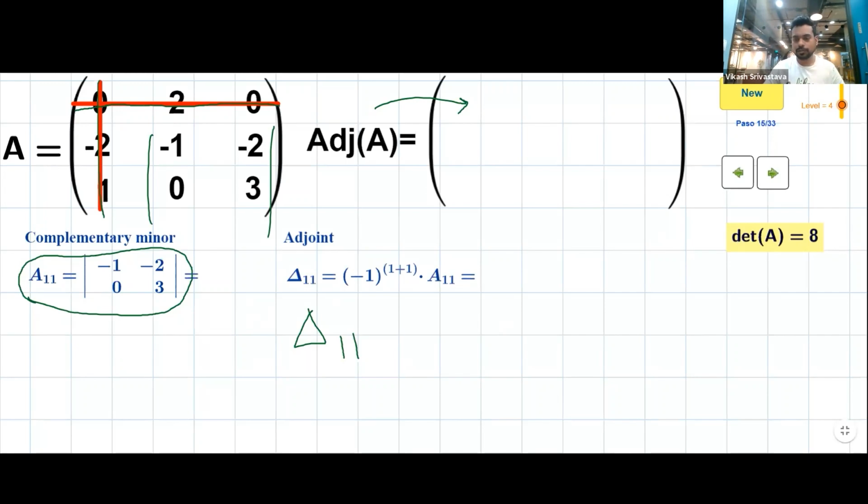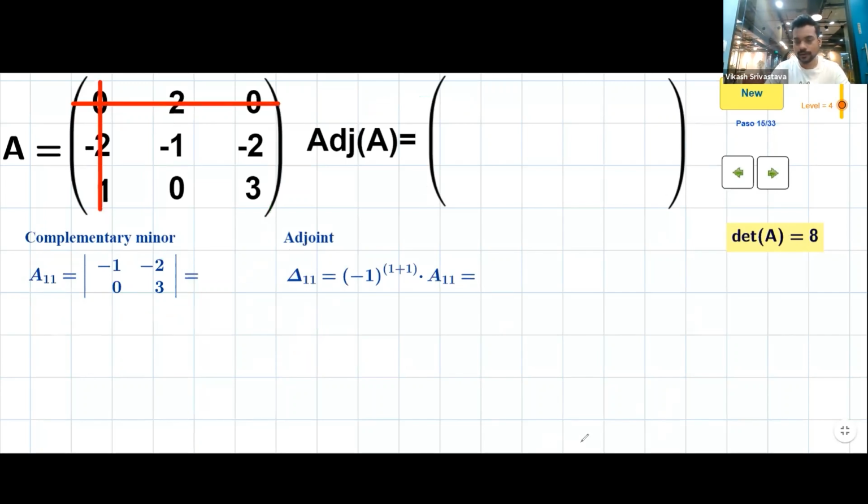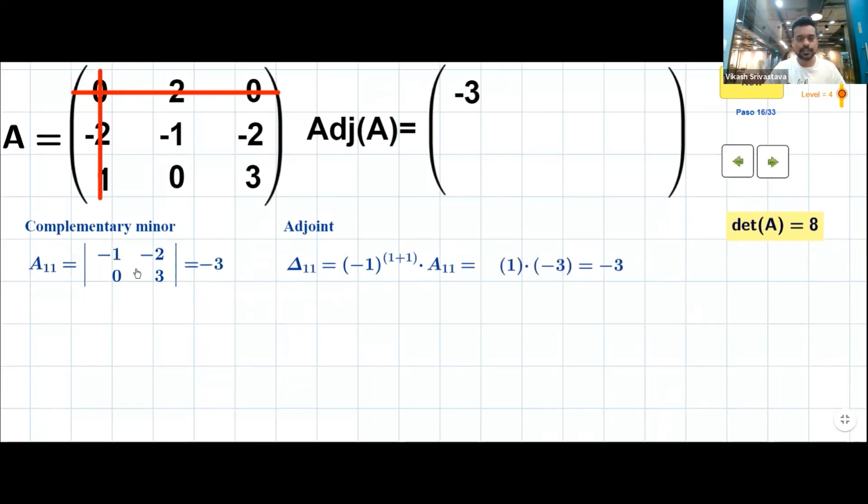So now let's move ahead. In this case, this gives us -3, -0, right?